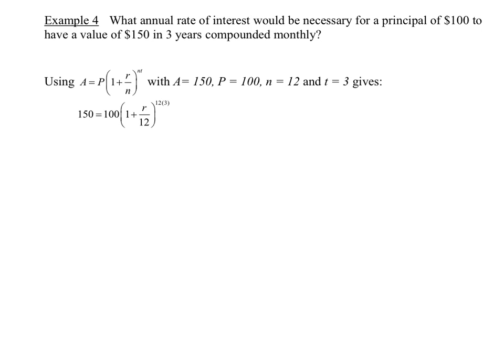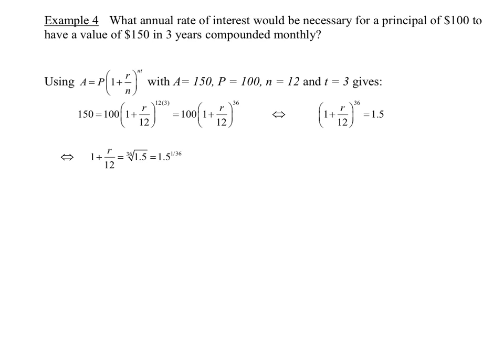We can then simplify that a little bit. If we do that, we should get something that looks like this. Now that's not an easy equation to solve, and in fact later on we'll possibly find easier ways of solving this.